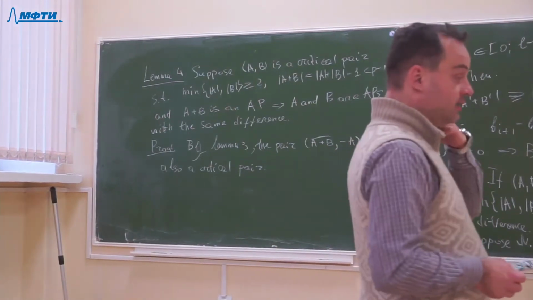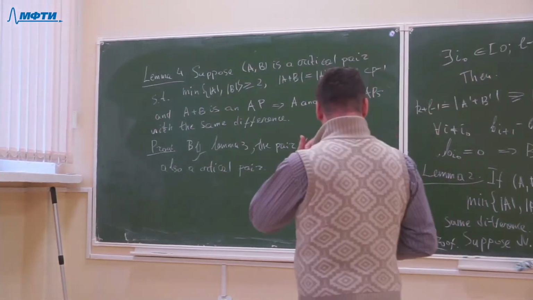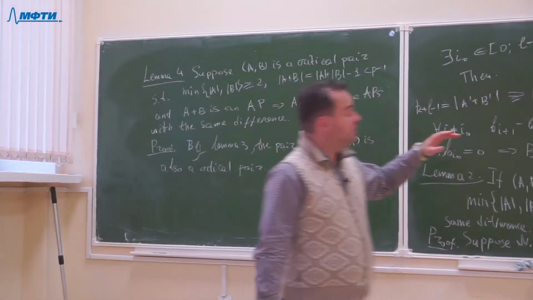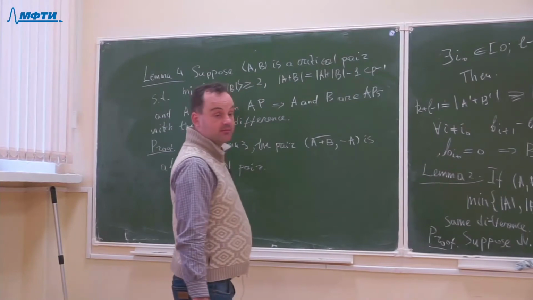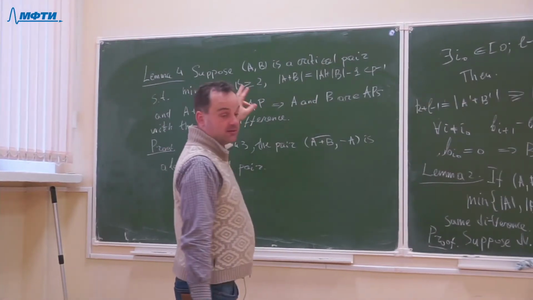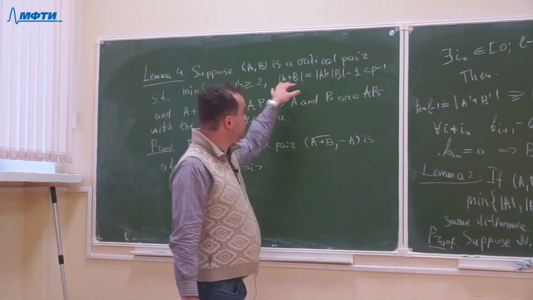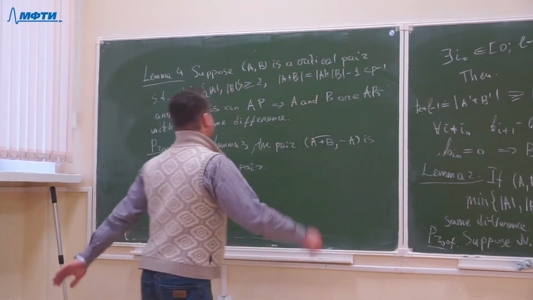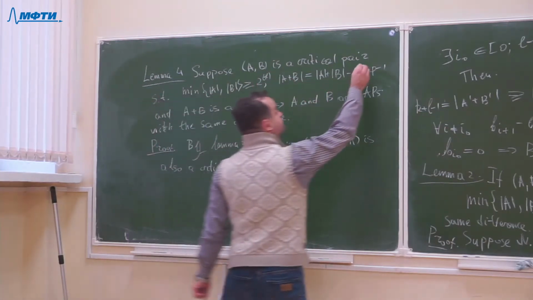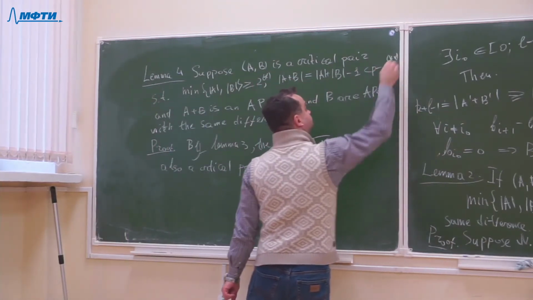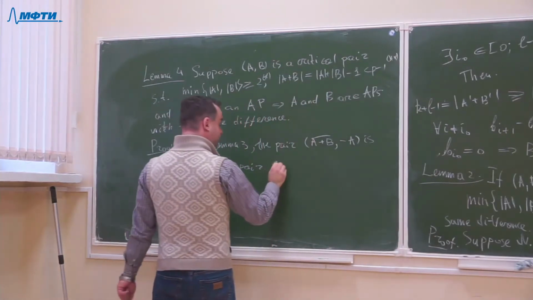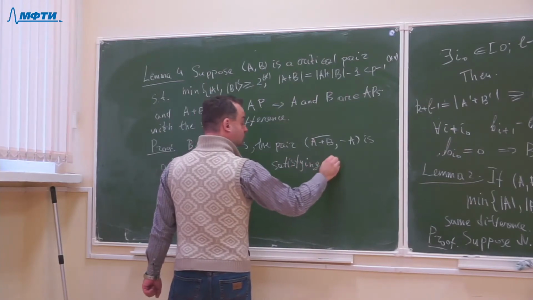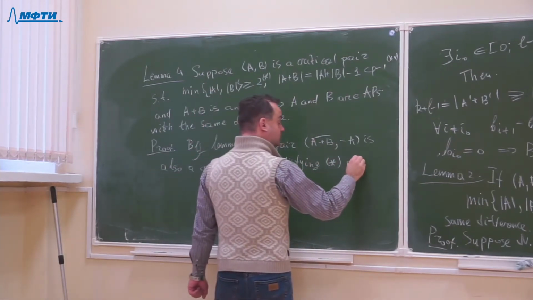Moreover, this pair also satisfies these conditions, right? The minimum between the cardinalities of D and A is at least 2, and it also satisfies star and double star.